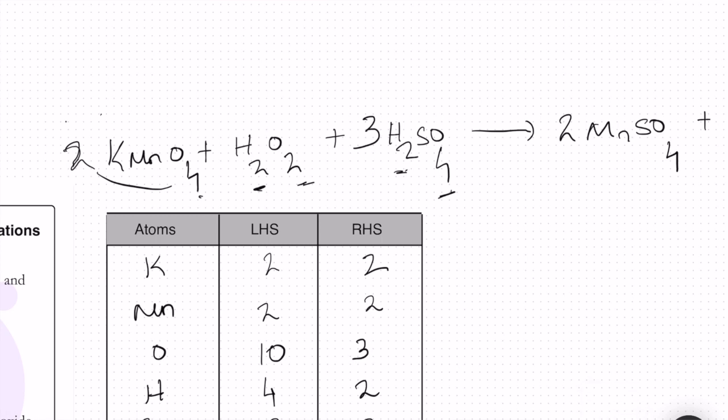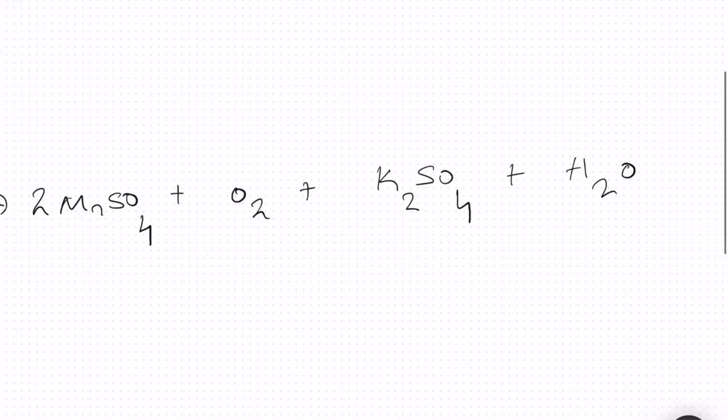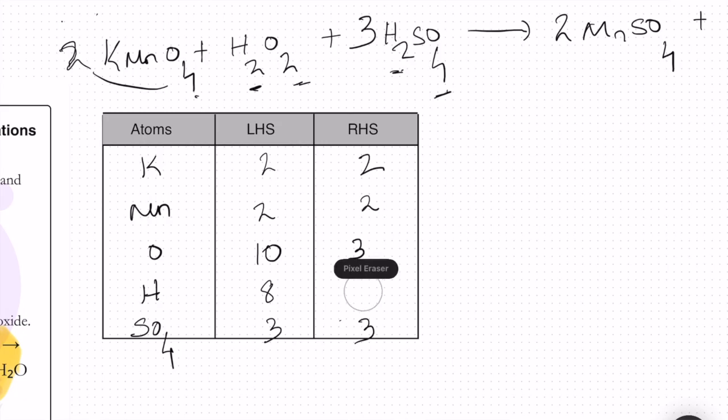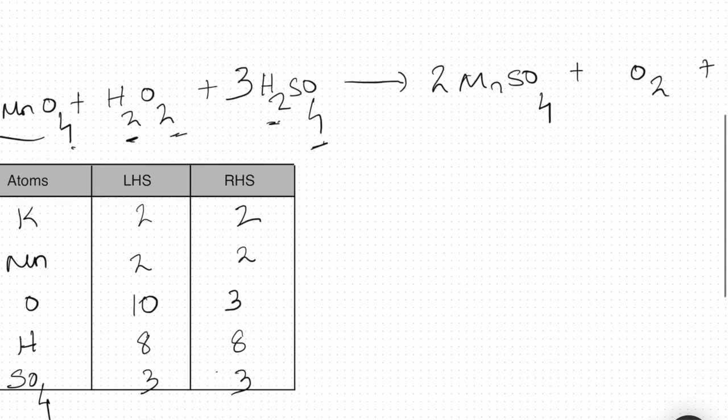Hydrogen on LHS becomes 6 and 8 on the LHS. Now we have a pretty clear directive. So the hydrogen is 8 on the left hand side, and there are 2 hydrogen atoms on the RHS. So let's change that. We multiply water by 4. So that changes the total number of hydrogen atoms to 8.